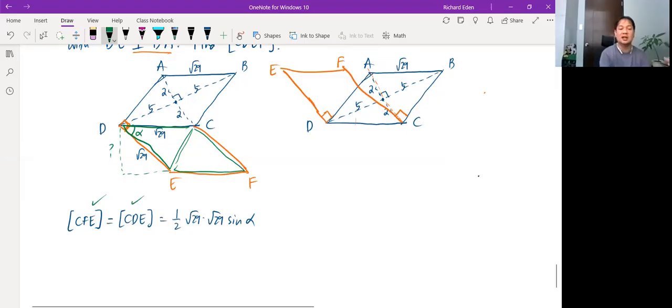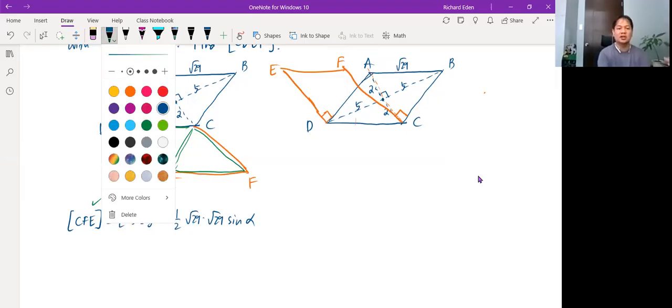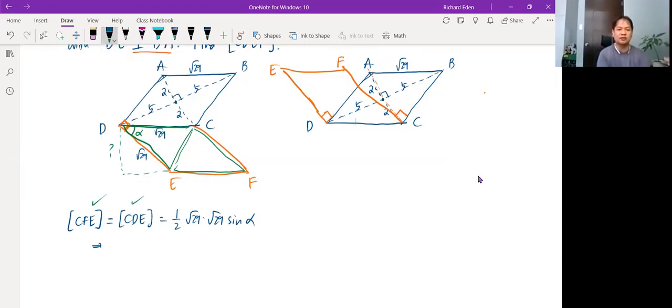All right, and they're actually congruent. So this would mean that the area of rhombus CDEF is double that, 29 times sine of alpha. So that means we need to know what the sine of alpha is.